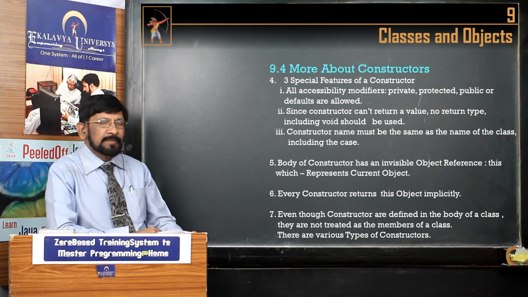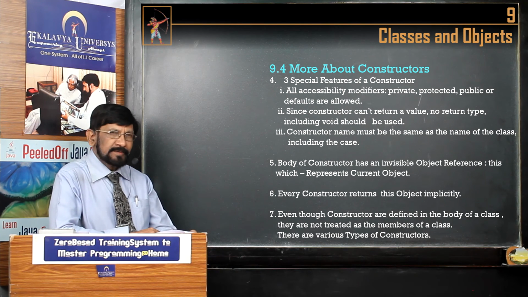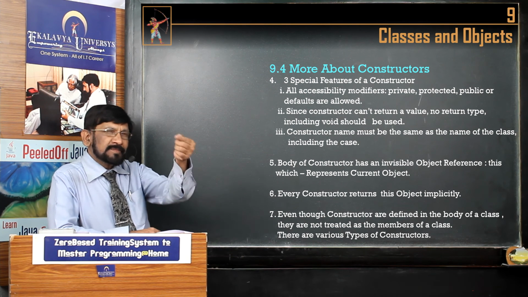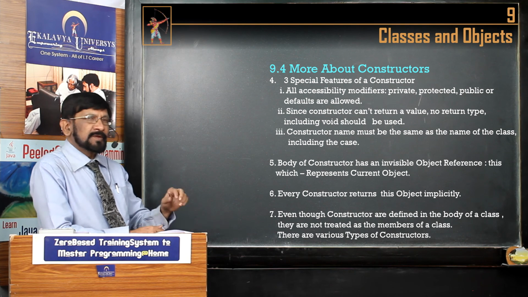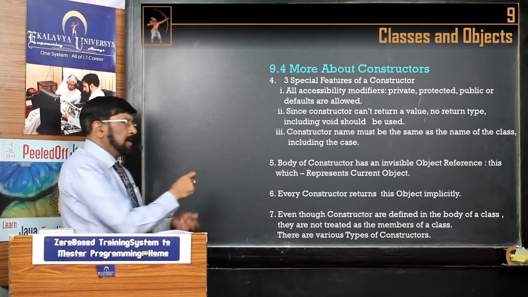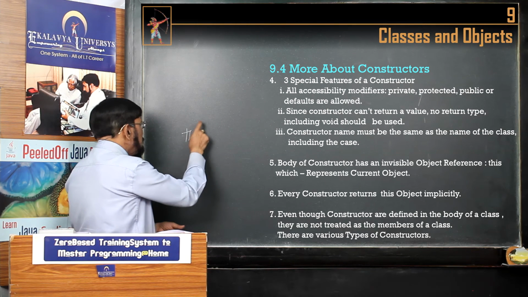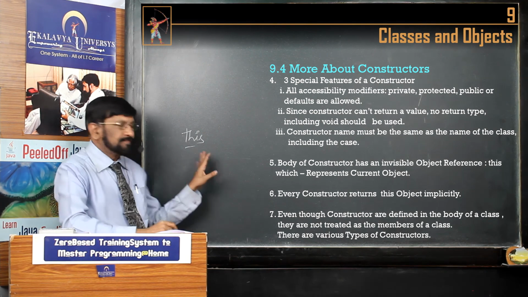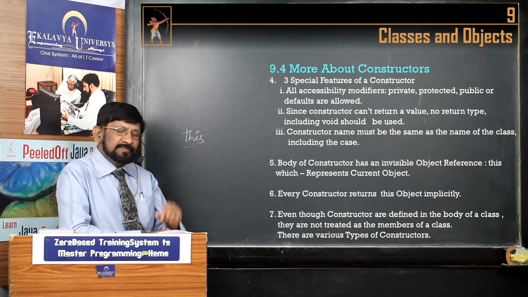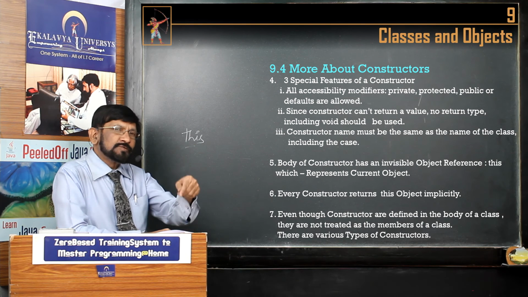And one more very important point you have to understand is that in every constructor there is an invisible reference automatically present. If you want to refer to it, you use the keyword this. Now, a reference variable means it should refer to something.